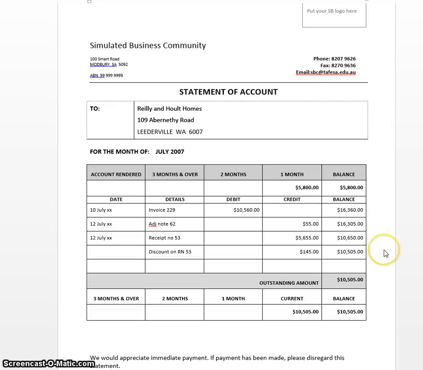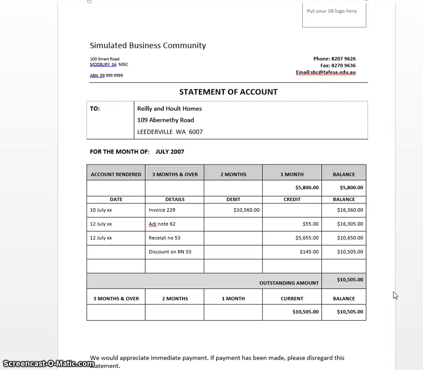It should list all the transactions that have taken place during that month, and it should have a section at the bottom showing the final balance and, if necessary, a listing of outstanding balances, that is, those amounts that are due or are more than 30 days or 60 days old. The statement terms, for example, if a 2.5% discount is available, will also be listed on the statement.